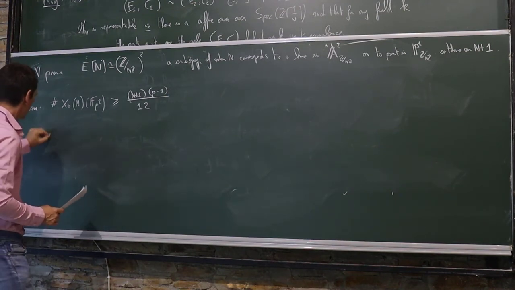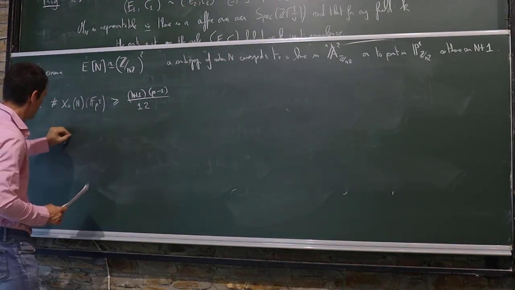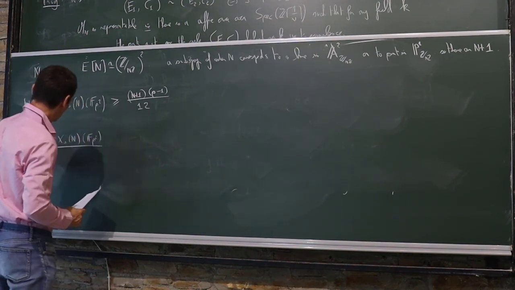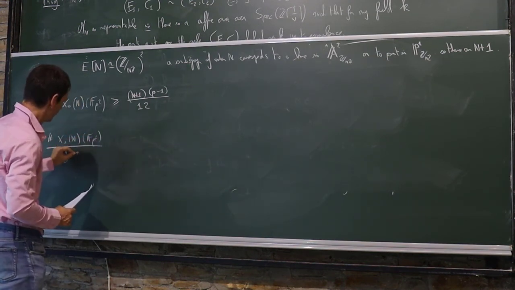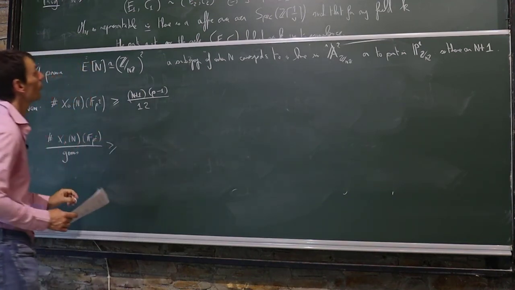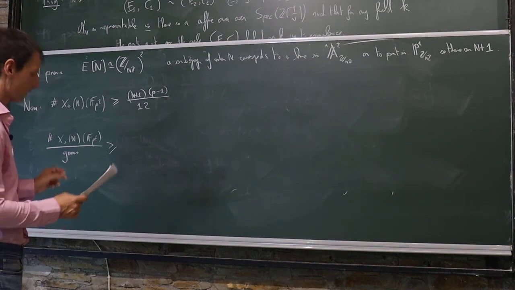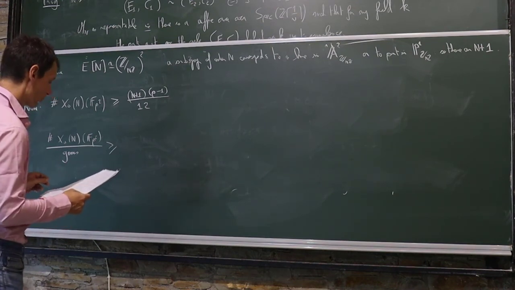Now you divide by the genus, and you see, because that's what we proved, it's not on the blackboard anymore, that the genus was (n plus 1) over 12.